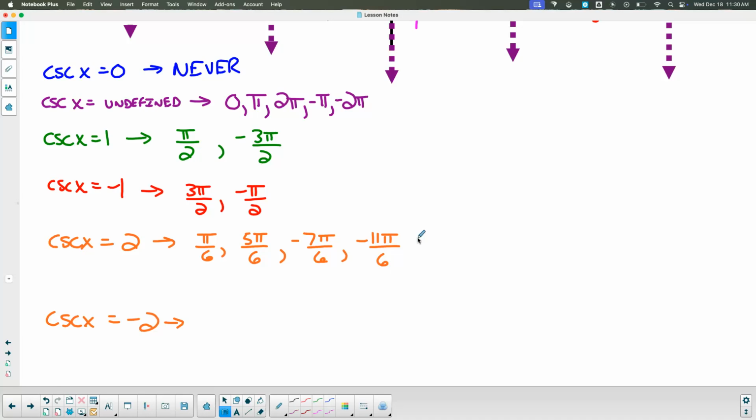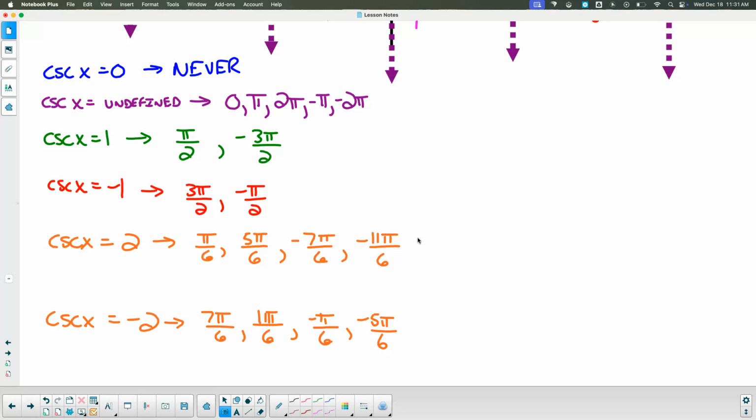Where would cosecant be -2? 7 pi over 6. And 11 pi over 6. Negatives. And did you see a pattern yet in any of those as we developed them? The positives here are the negatives here. The positives here are the negatives there. Vice versa.